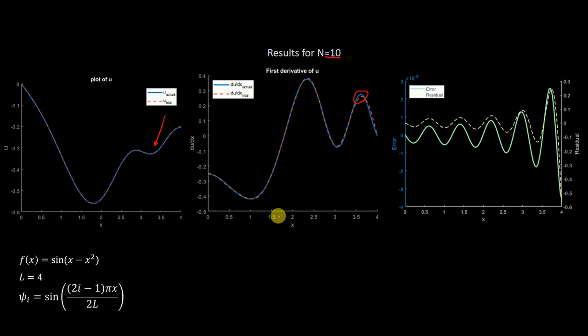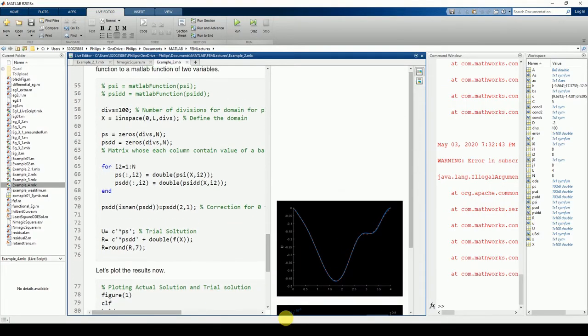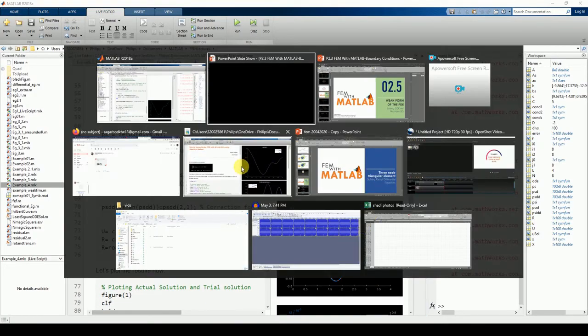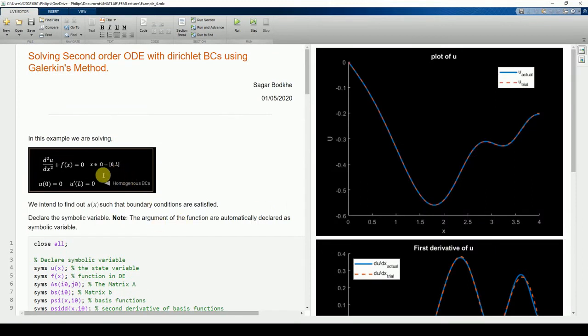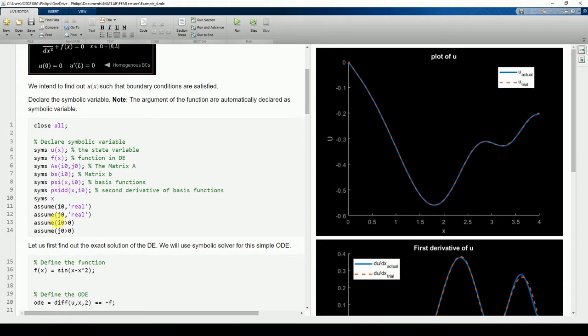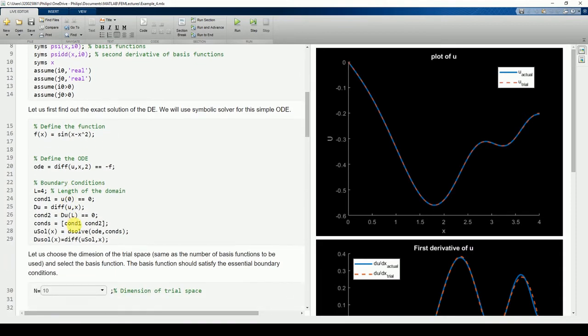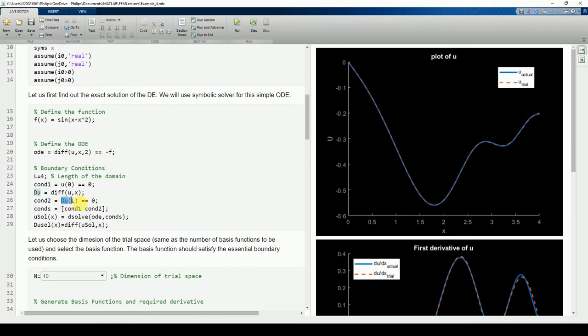So let's see very quickly the implementation of this in Matlab. We are doing the same thing again and again, so I'll go very quickly through this one. This is the problem that we wanted to solve, and we define a symbolic variable. The only difference here is that now we have the Neumann boundary condition.